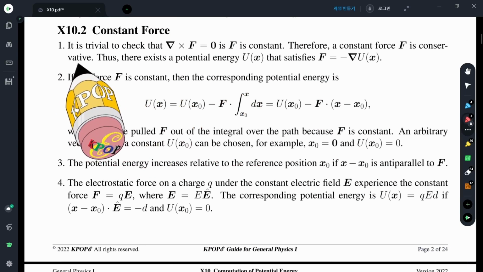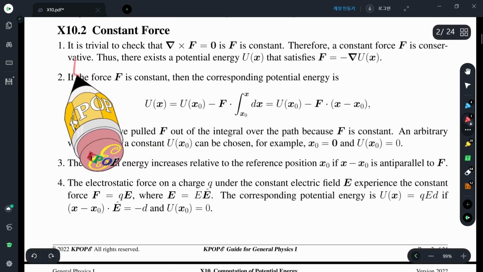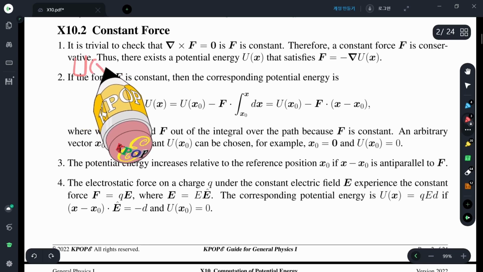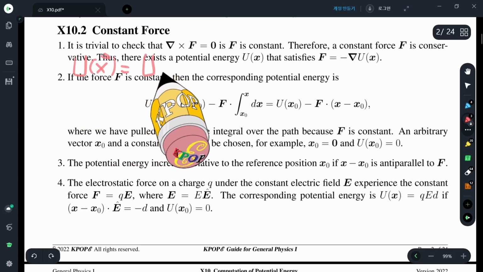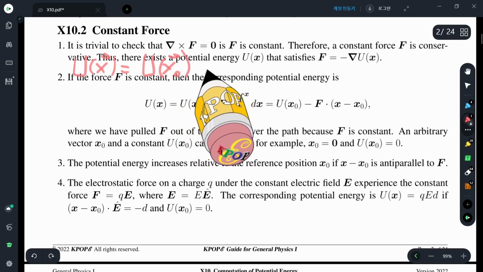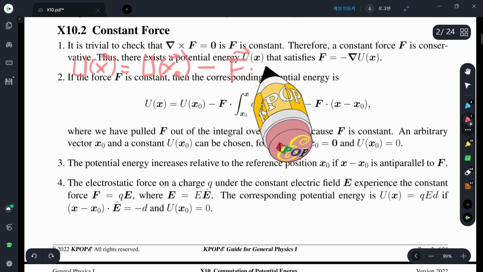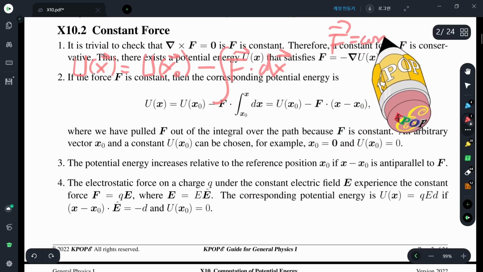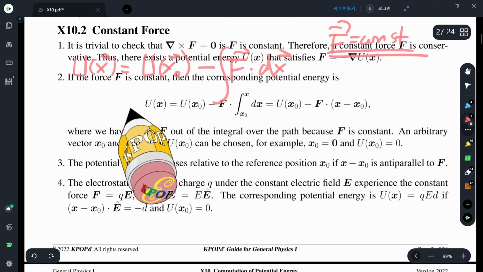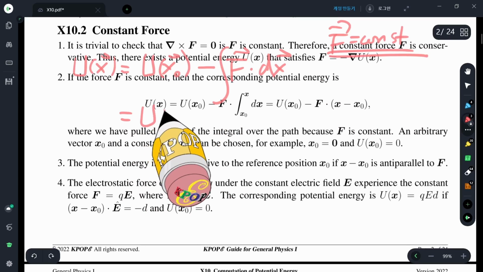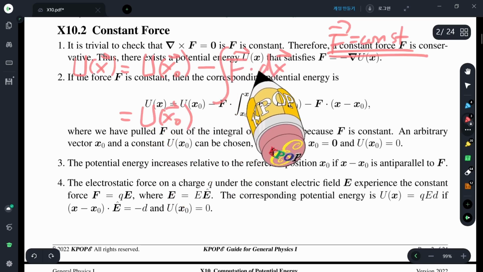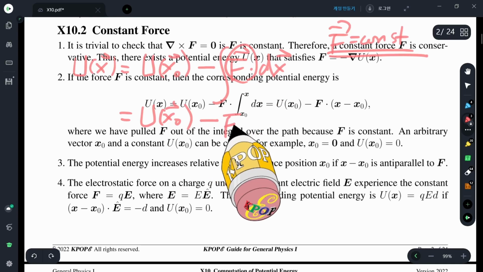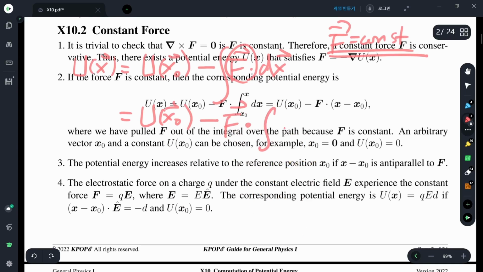Then you have potential energy. U of x is u of x0, the reference point, minus the integral of F dot dx. And if F is constant, I can pull out this F from the integral.